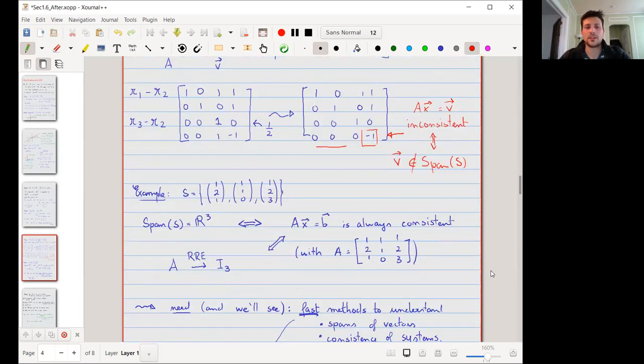Let's have a look at another example. We won't compute anything here, but it's going to be conceptual work.